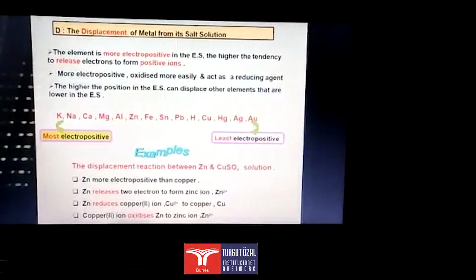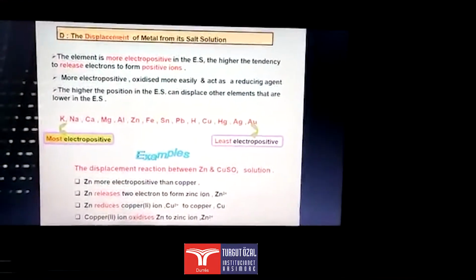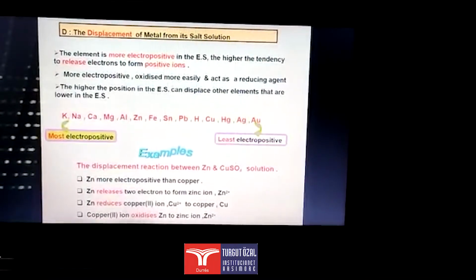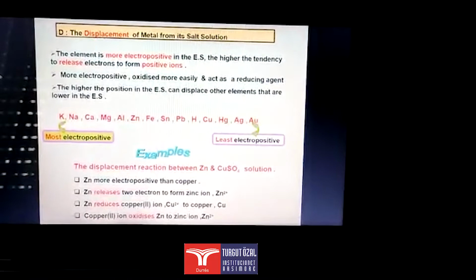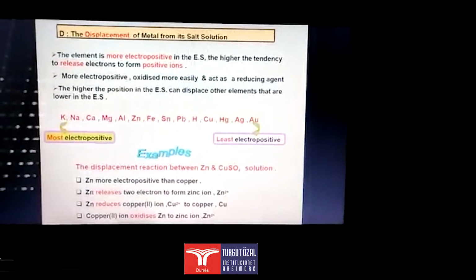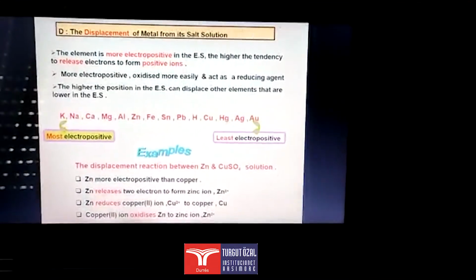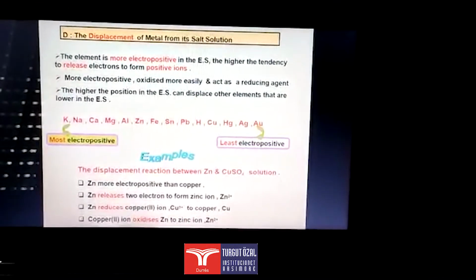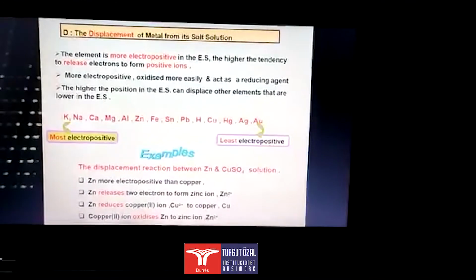The displacement of metal from its salt solution. The more electropositive the element is in the equation, the higher the tendency to release electrons to form positive ions. More electropositive elements are oxidized more easily. They act as a reducing agent.